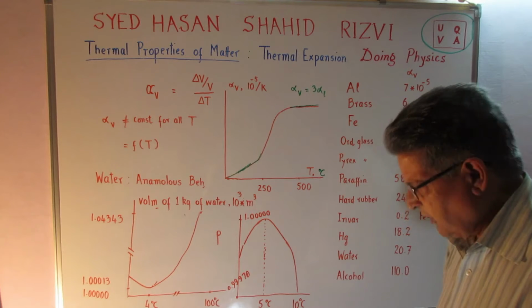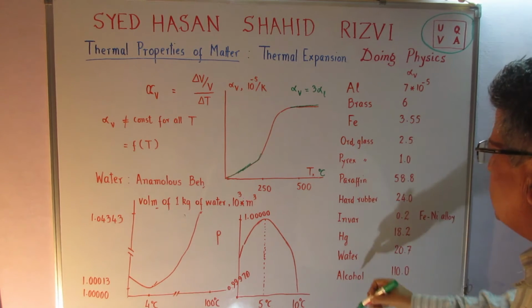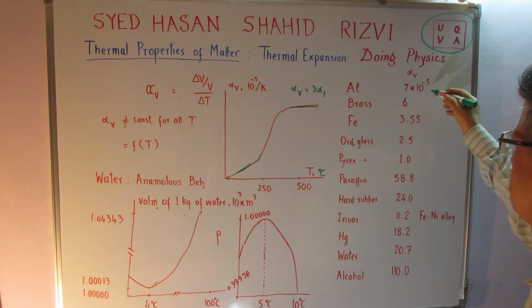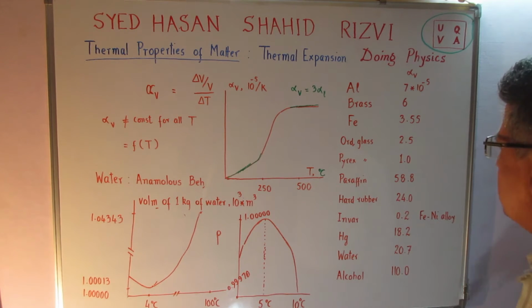I have enumerated the value of alpha V for several substances, all in units of 10 to the power of minus 5.